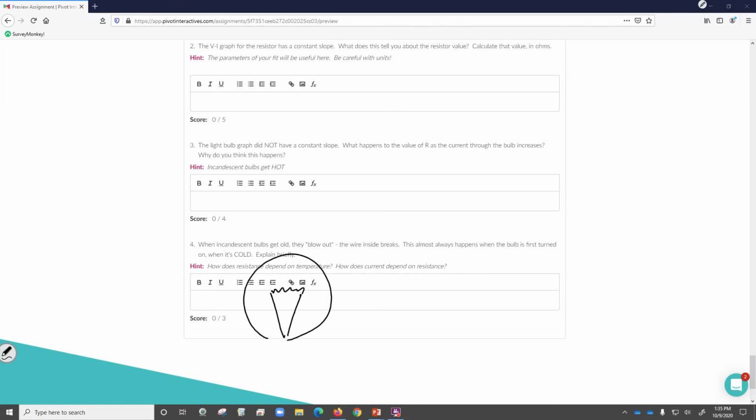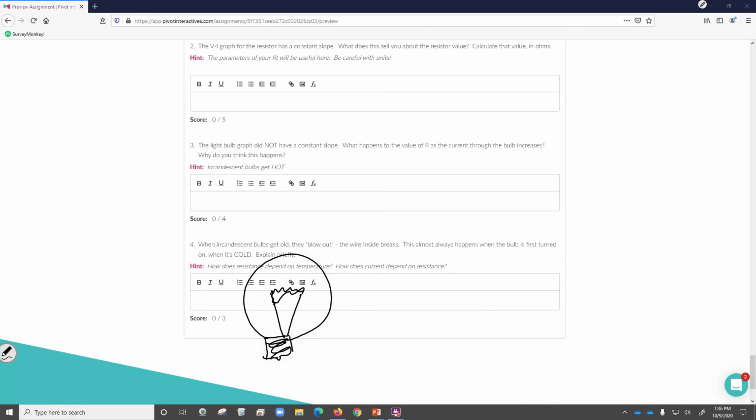So some students may not even know what an incandescent bulb looks like. It has a filament inside, and when you just take the bulb out of the package, this filament is usually rather straight. But if you use this bulb for a long period of time, you can see it becomes kind of saggy, because it wears out.